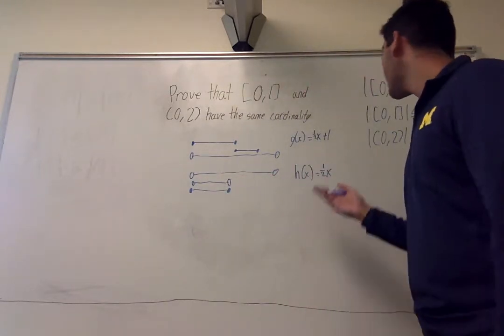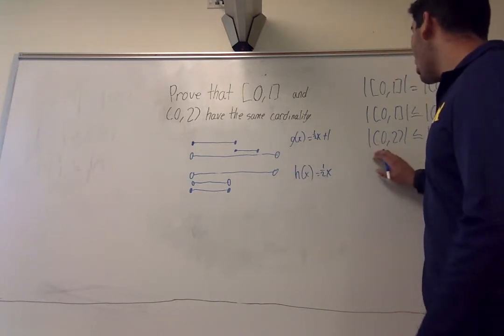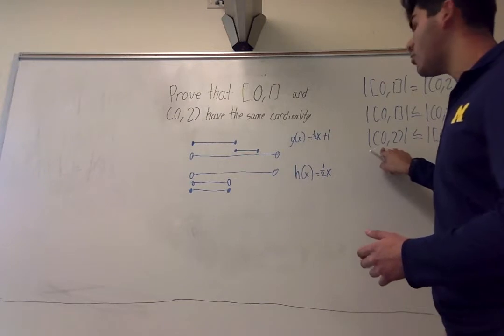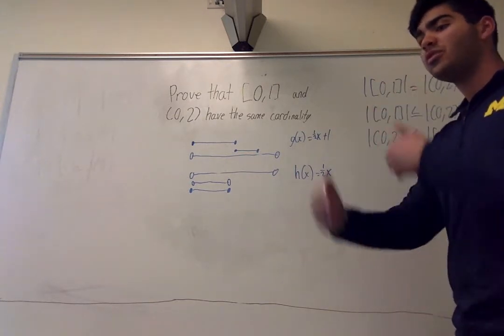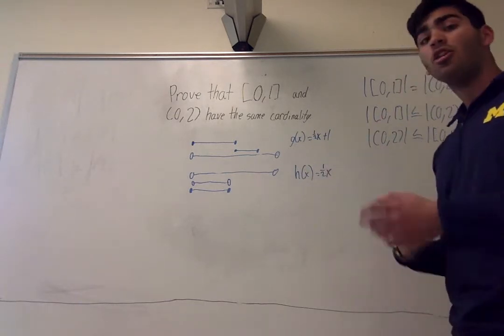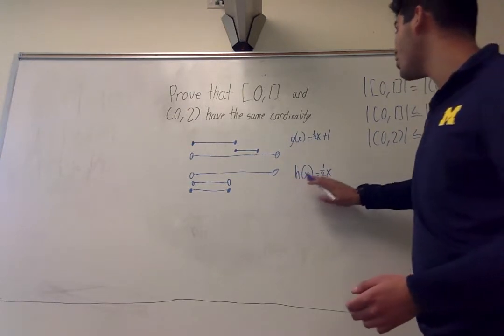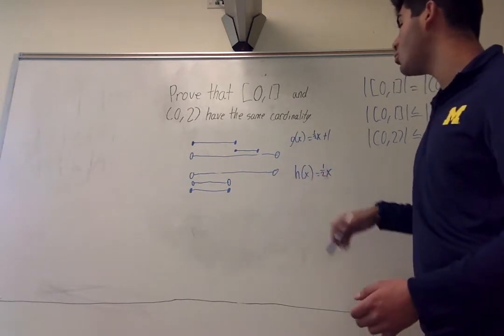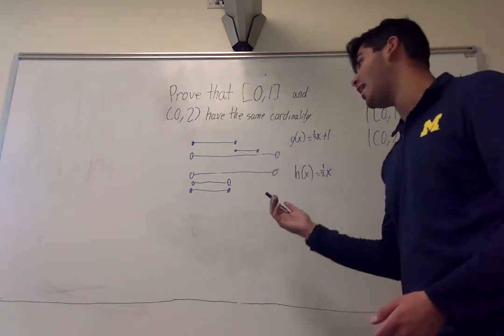Let's see how this works by plugging in our test cases. Note that our lower bound isn't 0, since this is exclusive. It's actually 0.000, infinitely many zeros with a 1 at the end. I'll just say 0.0001. So h of 0.0001 is equal to half of that, or 0.00005.